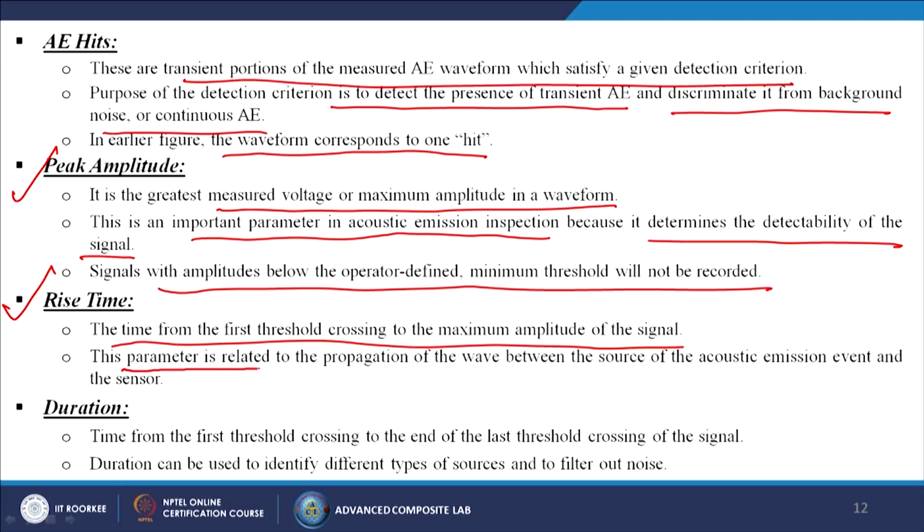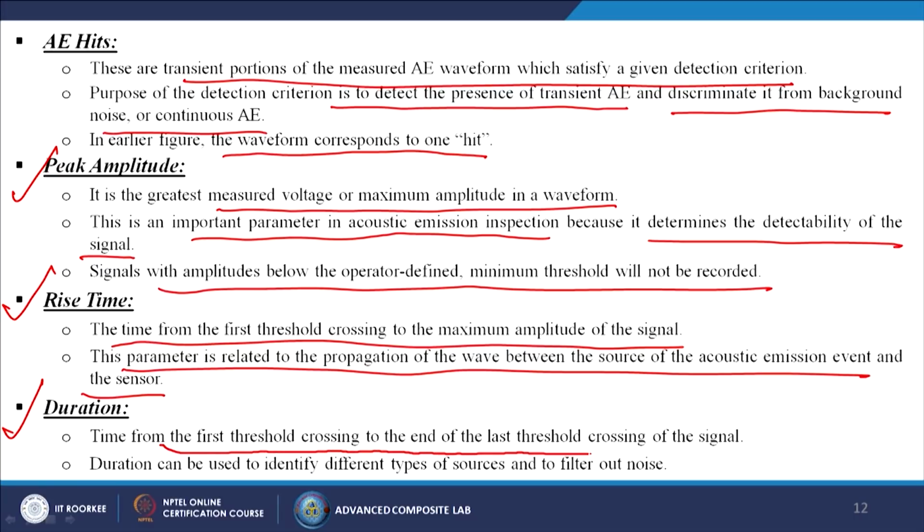This parameter is related to the propagation of the wave between the source of the acoustic emission event and the sensor. Next come to the duration: time from the first threshold crossing to the end of the last threshold crossing of the signal. Duration can be used to identify different types of sources and to filter out noise.